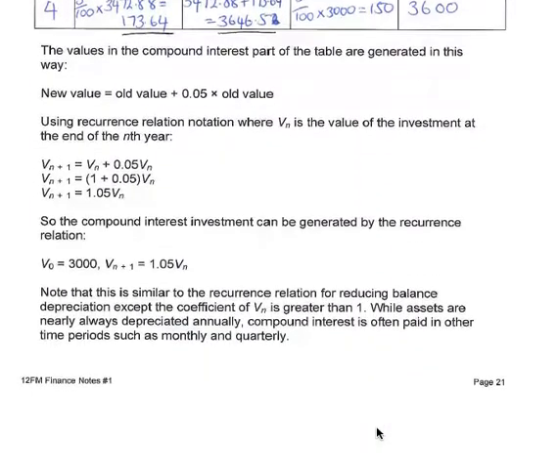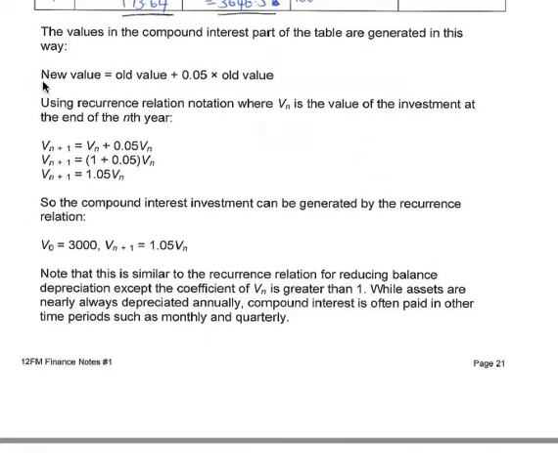To put that in layman's terms, the new value is the old value plus 5% of the old value, or the value of the year before. And we have a recurrence relation happening here, and a general rule.